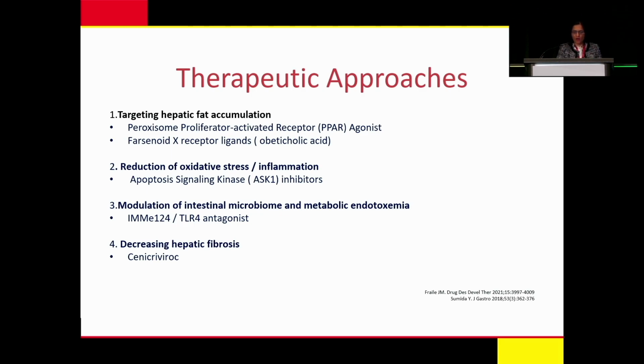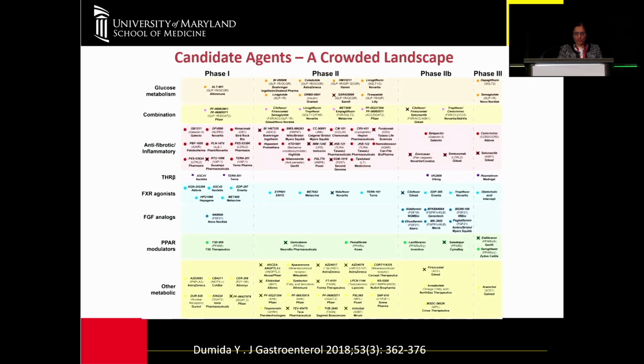Examples of this are PPAR agonists as well as FXR ligands. Secondly, we attempt to reduce oxidative stress and inflammation, an example being apoptosis signaling kinase inhibitors. Thirdly, the intestinal microbiome has gained a lot of attention, and there's an interest in modulating that. And fourth, decreasing hepatic fibrosis.